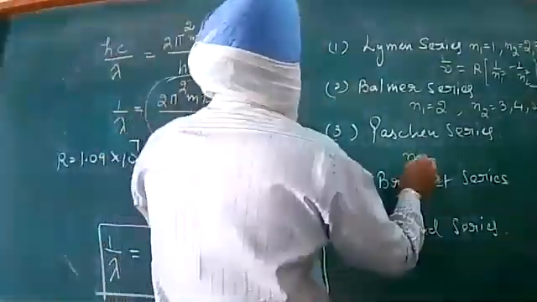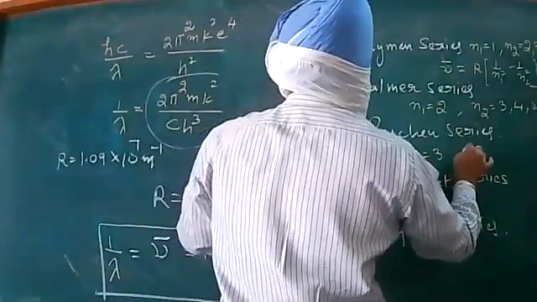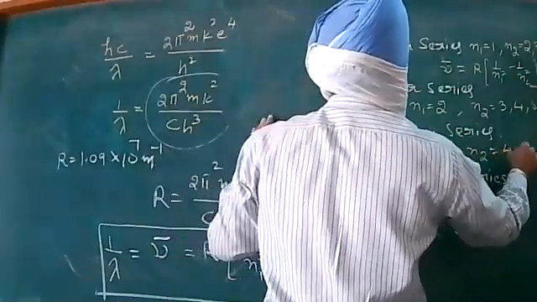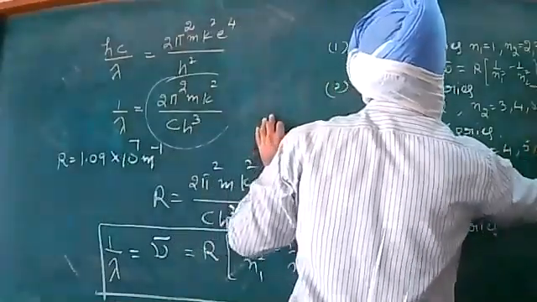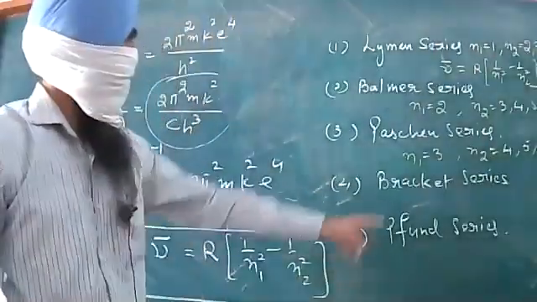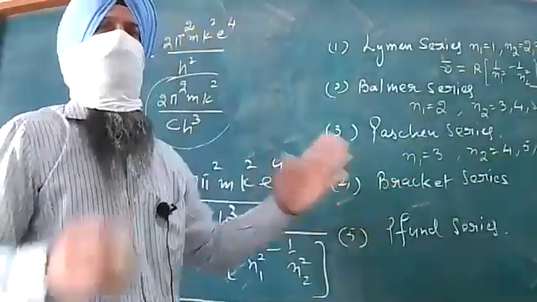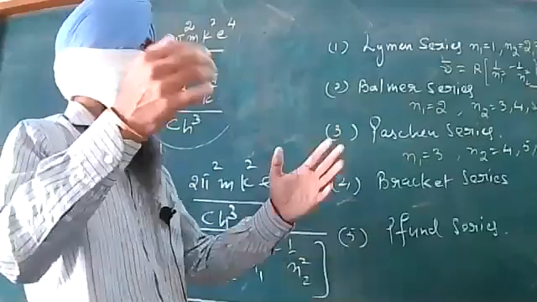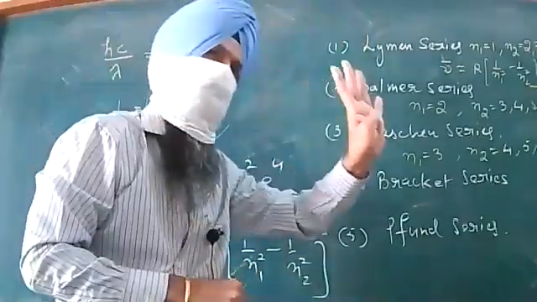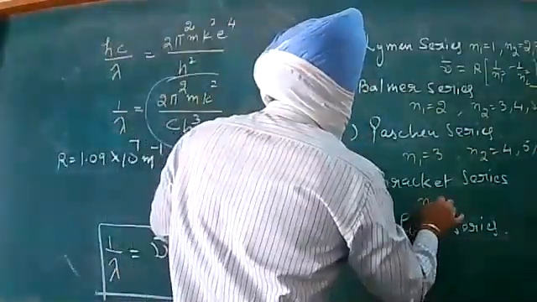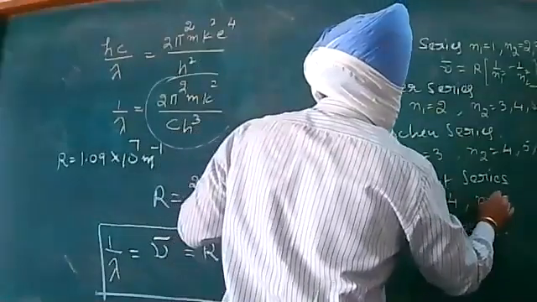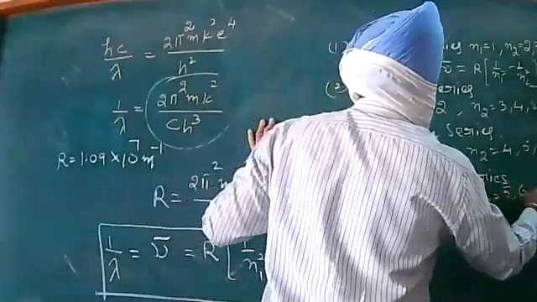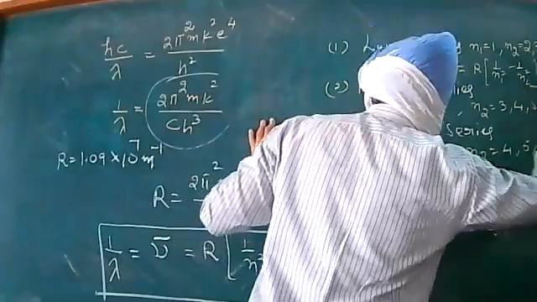Very good. n1 is equal to 3, n2 beta, this is 4, 5, 6 and so on beta. Brackett series, all the electrons jump from higher orbits to the fourth one. Very nice. n1 is 4, n2 is 5, 6, 7 and so on.